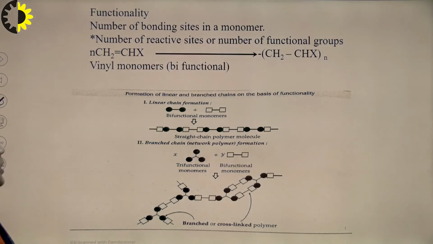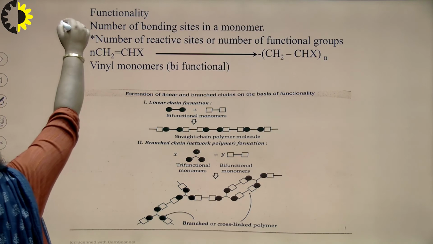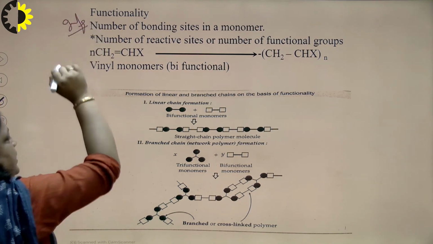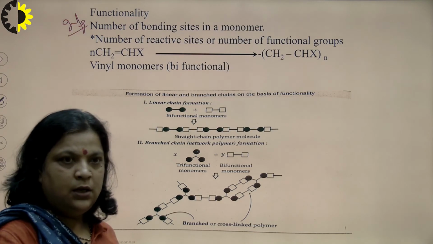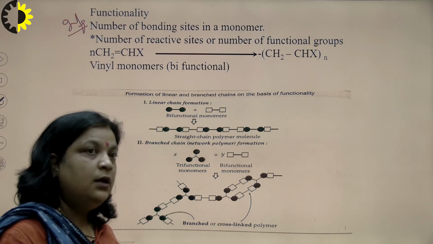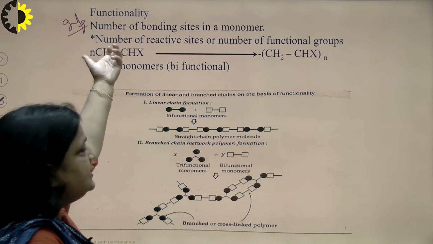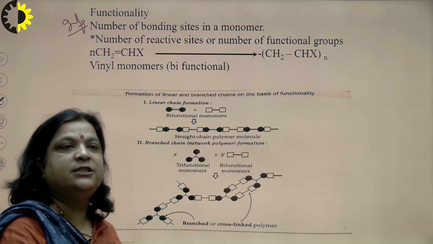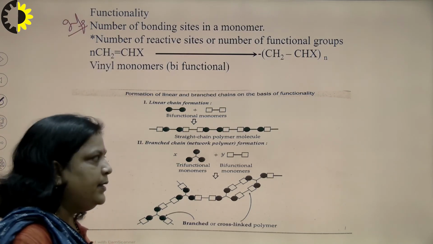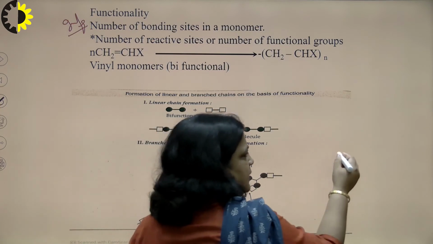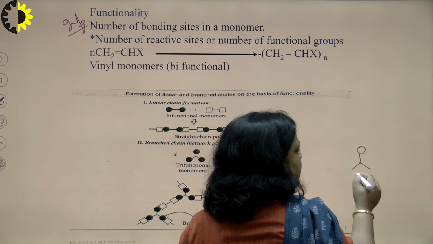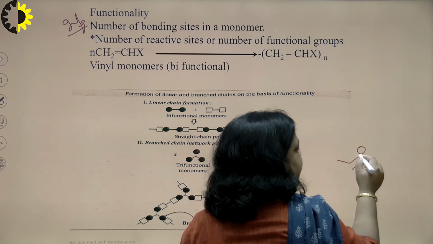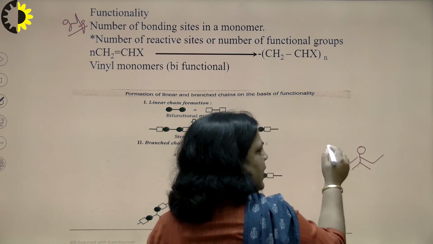Now, the next is functionality, and this term is important because if a molecule acts as a monomer, it must have at least two functionality. For example, suppose one person wants to make a chain.